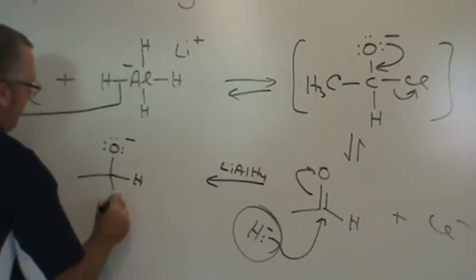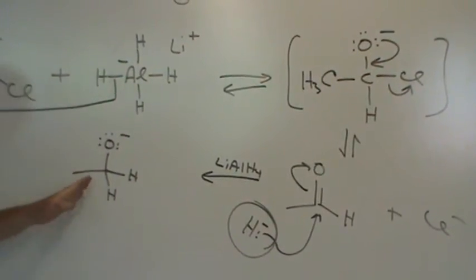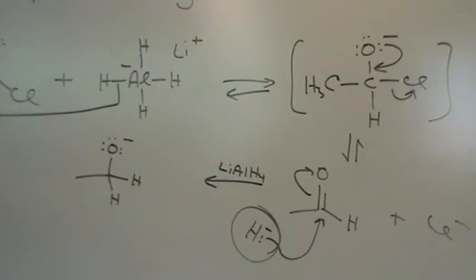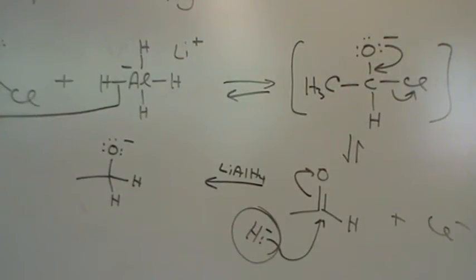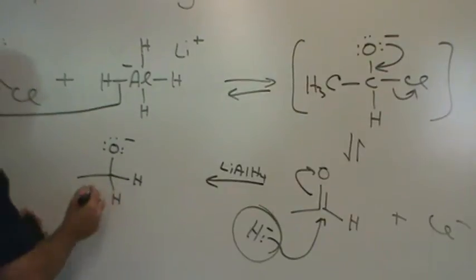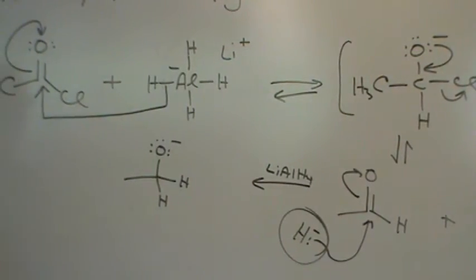This new tetrahedral intermediate now has 2 bonds to hydrogen. One came in the first step, the other came in this last step. This tetrahedral intermediate, however, cannot eliminate. Similar to something we just saw with the addition of organometallics, we've added 2 equivalents of hydride, and now this intermediate is stuck. There is no leaving group.